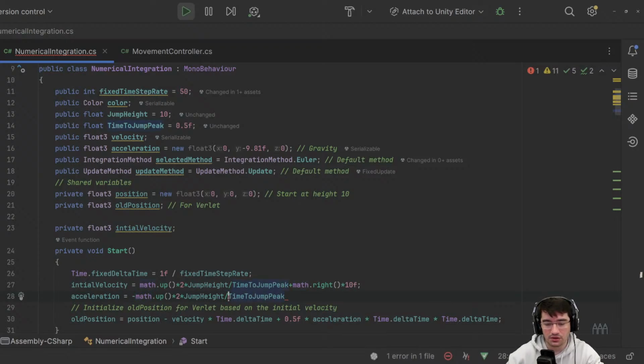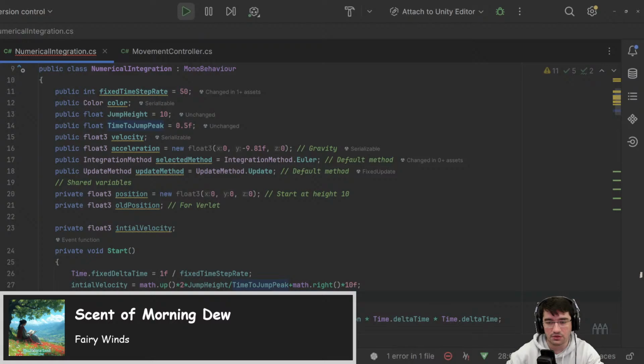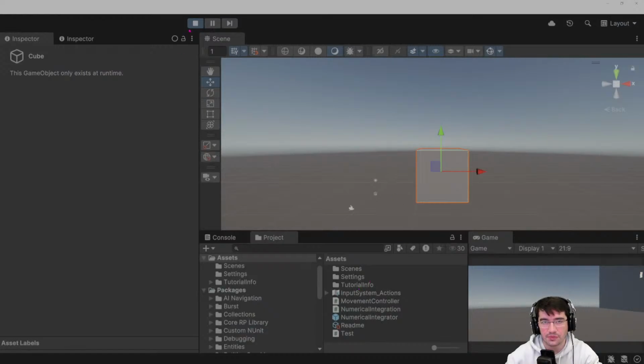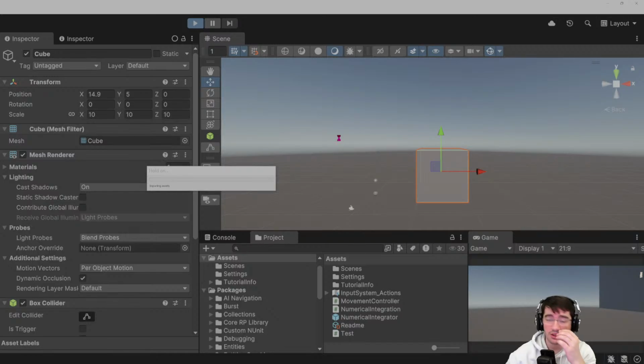Negative, and this one is squared. So that should give me a jump height of 10.